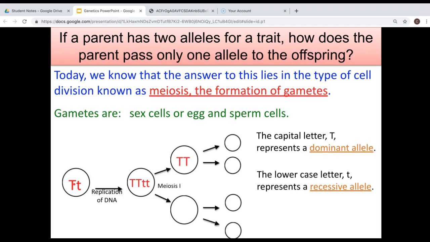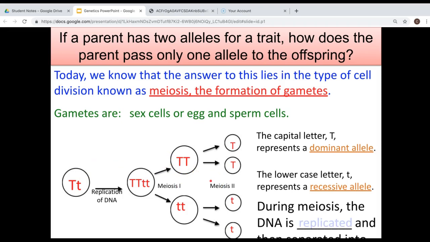Then after meiosis 1, we have 2 cells that are still 46 chromosomes apiece. In this case, we're just looking at 1 set of alleles here. And then meiosis 2 results in 4 cells with half the genetic material of the parent. Okay? 4 cells, half the genetic material of the parent.